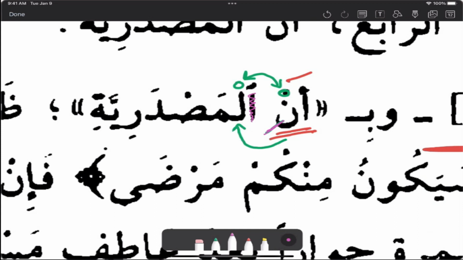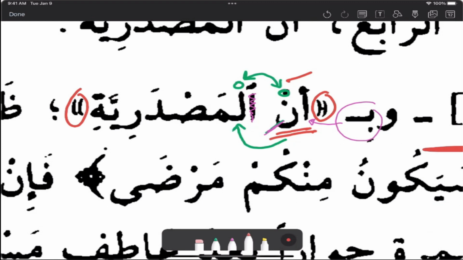Notice also that whoever typed this up broke the ba away from the particle N. Why did he do that? Because he wanted to use these parentheses for anil masdariyah.